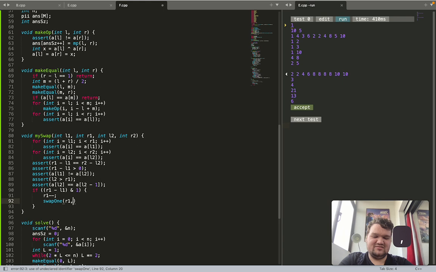That 1 is on this position and 2 others are these 2, and I should swap this position and this position.